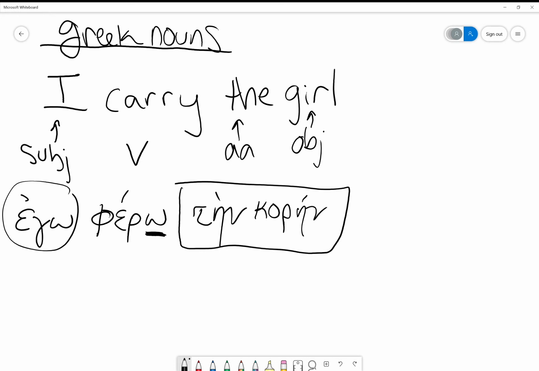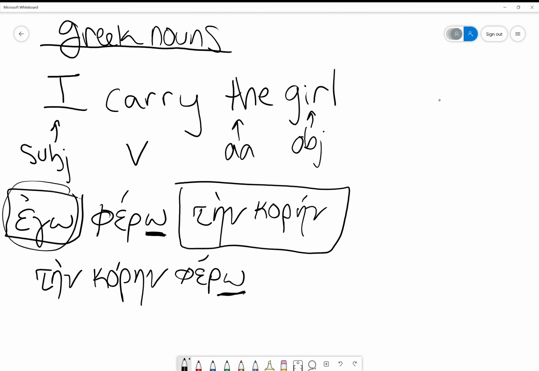Now we can also write in Greek, tan korēn phero. Okay, remember this omega here tells us it's I, so we do not have to have ego. I can say I carry the girl. I know that tan korēn is the object because of what is called its case.